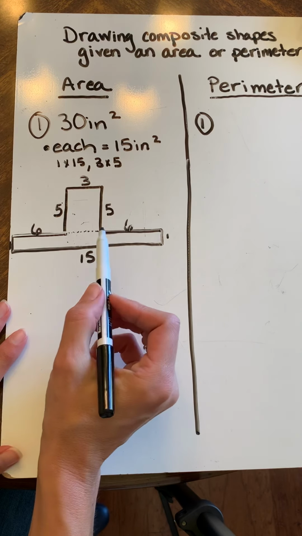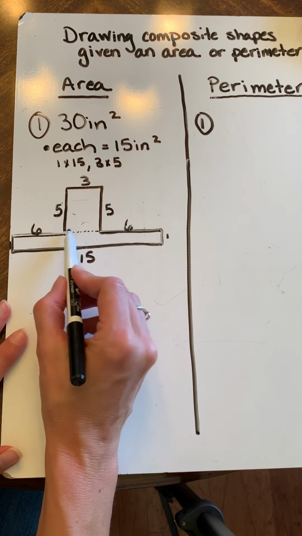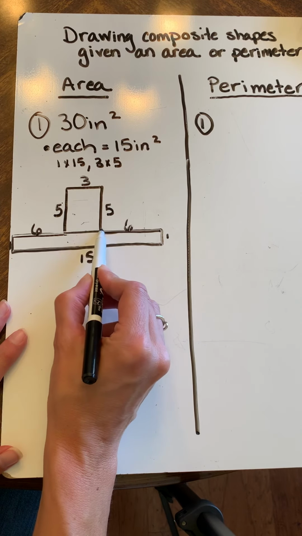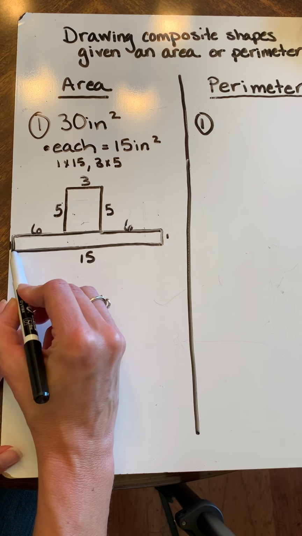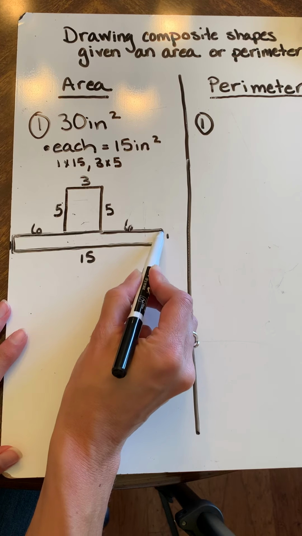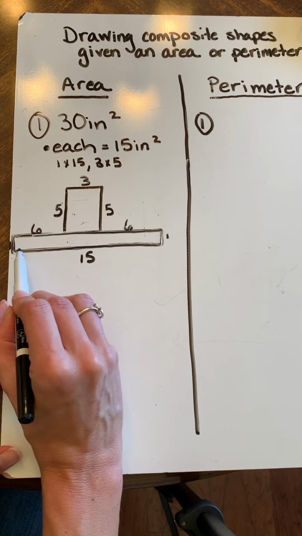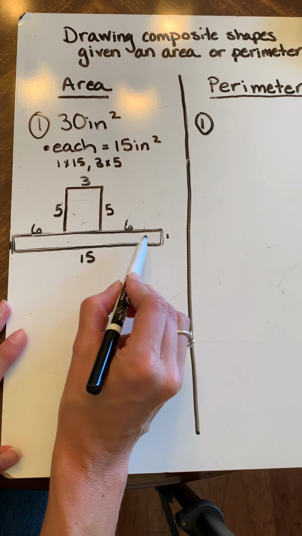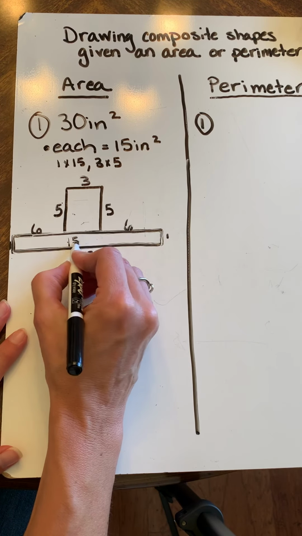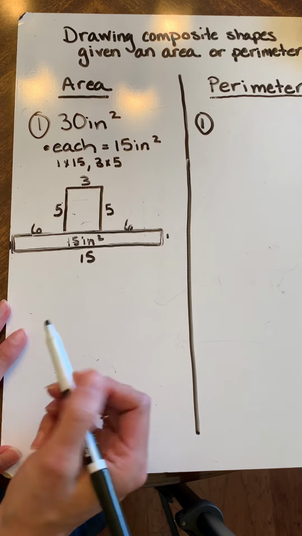So again, if I look at this, I know when I'm doing my composite shape, this bottom rectangle in total was a 1 by 15, which would give me an area of 15 inches squared.